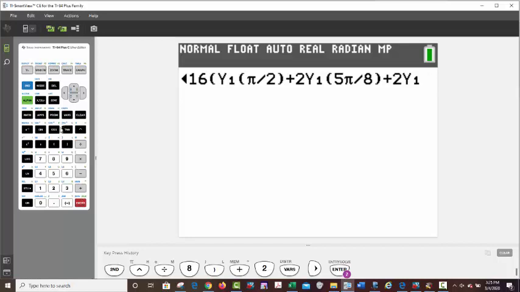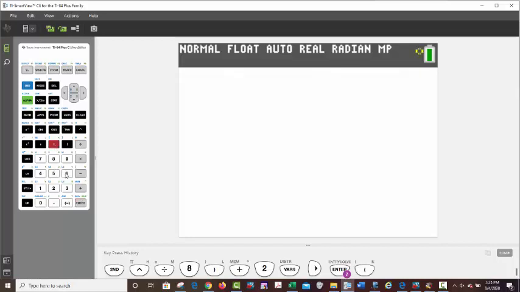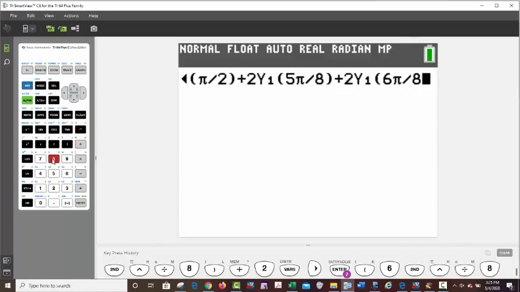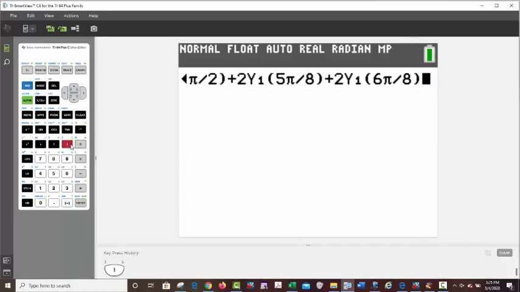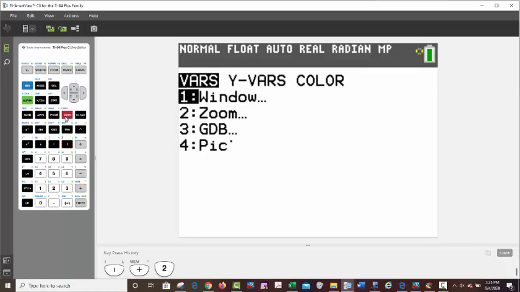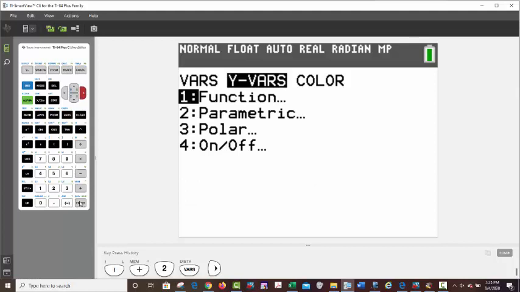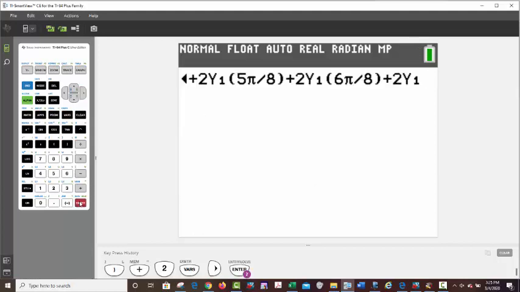And then 6 pi over 8, which of course is 3 pi over 4, but you don't have to reduce it. 2 plus one more 2. Then 7 pi over 8 here.